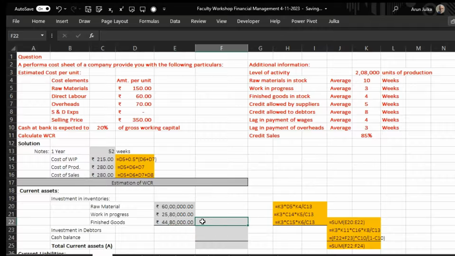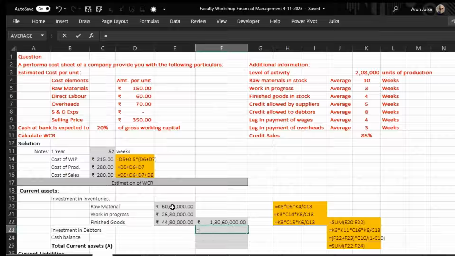And the sum of all these three, raw material, work in progress, and finished goods, gives us investment in inventories. It is 1 crore 30 lakh 60,000 rupees. Now, investment in debtors.